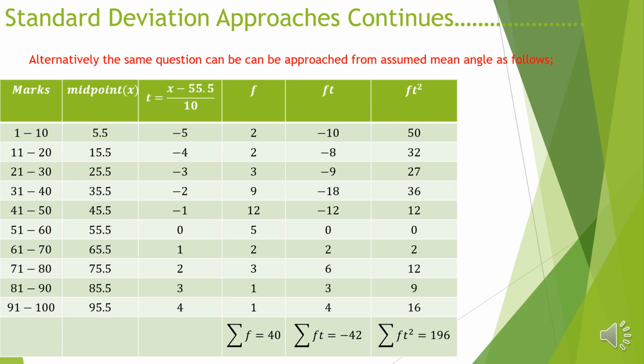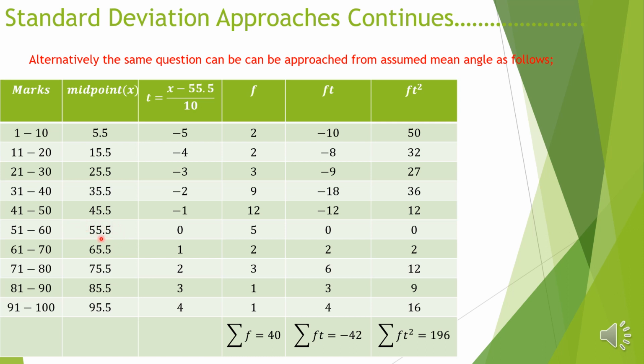Remember, the classes have remained the same. The midpoints are the same. But now, before I introduce the column of frequency, I introduce a column of t. This t takes care of the assumed mean. Remember, for the assumed mean, we said we can choose the value that is midway on the column of x, and for this case it is 55.5.